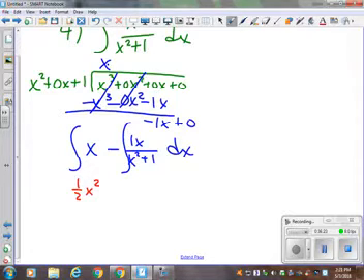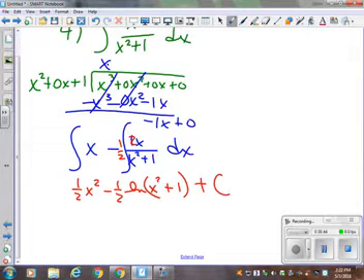I can at least take the derivative of the bottom and it looks like the top except it needs a 2. So I can put a 1/2 in front and go minus 1/2 ln of x squared plus 1. Will x squared plus 1 ever be negative? Then I don't need absolute value bars, I can just put parentheses. And because there's no numbers on it, I can just put plus c and I'm done.